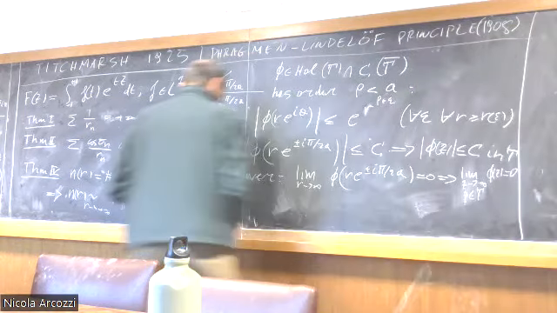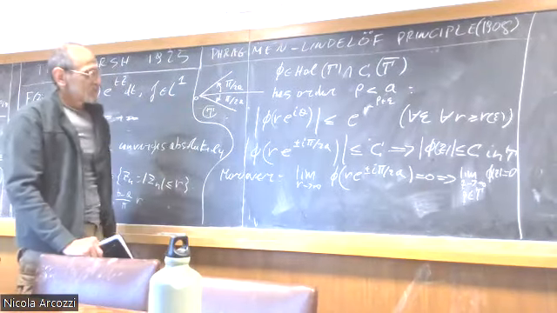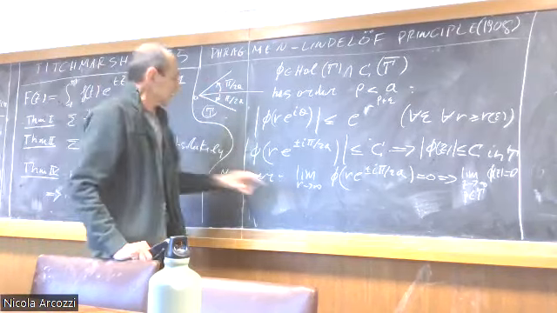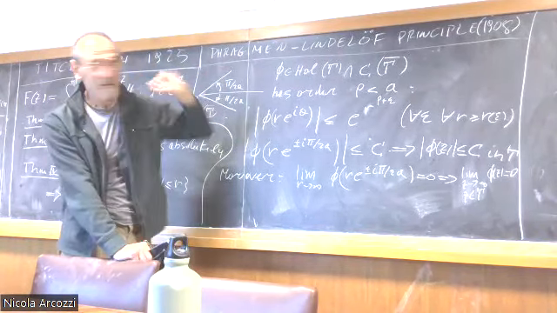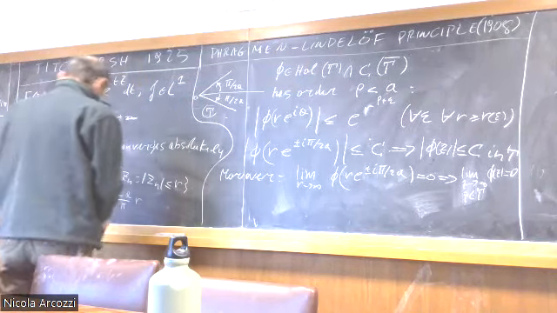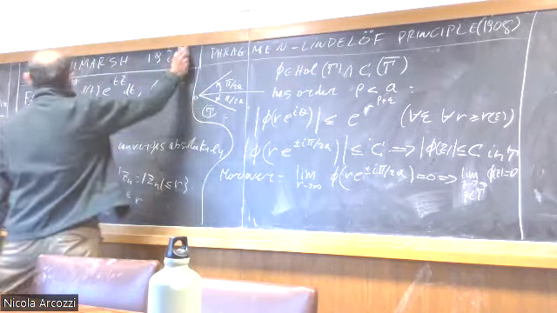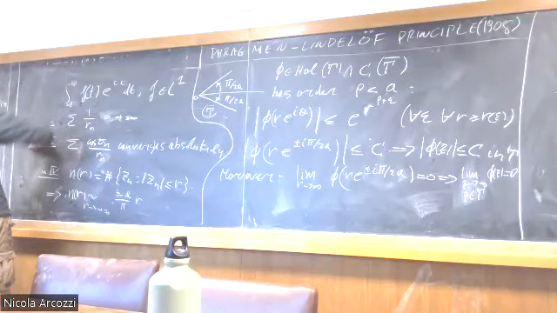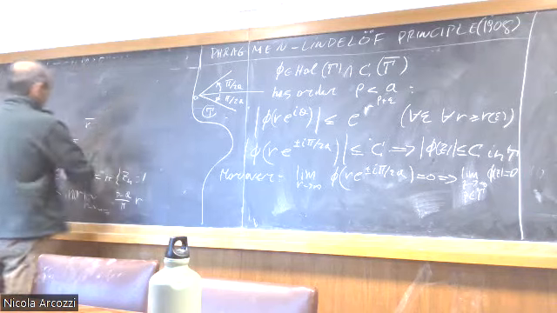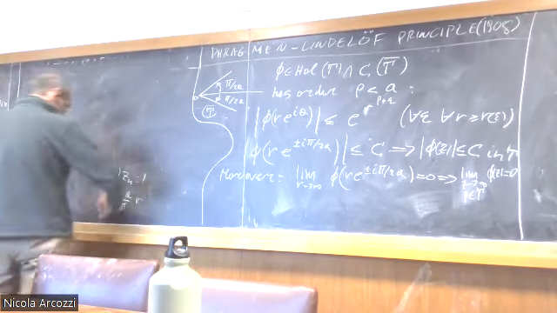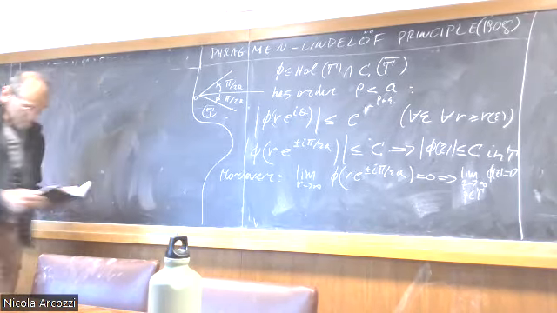So if on top of these assumptions the function goes to 0 on the boundary, then it goes to 0 inside. So the proof is basically by some comparison, we compare with the function, which is the function.